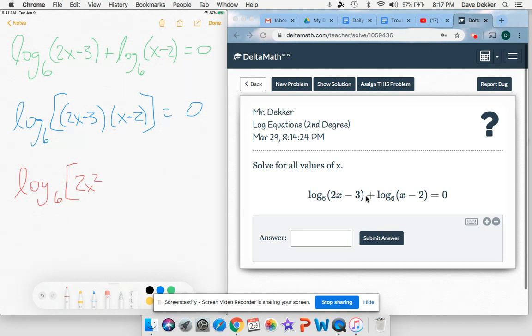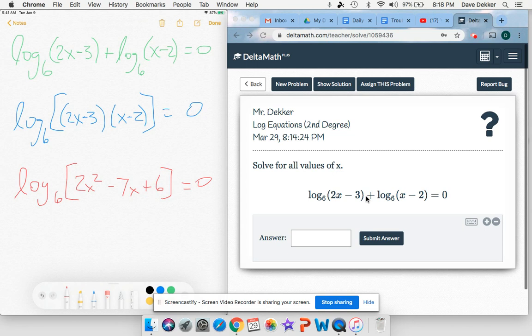From the outside, I get 2x times a negative 2, so negative 4x. To that I'm adding the inside part, which is negative 3 times x, so negative 3x. So again, that's a negative 4x and a minus 3x. That gets me minus 7x. And then the last part of FOIL would get me a positive 6. And that's still going to equal 0.